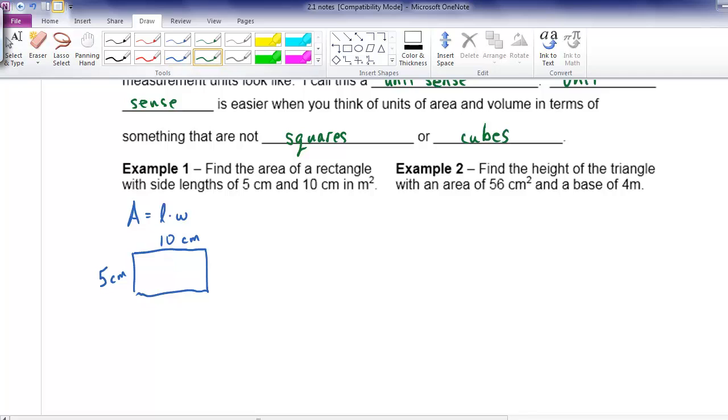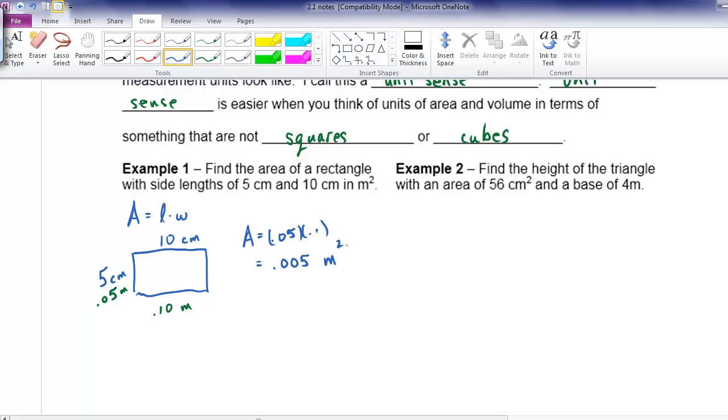So I need to change 5 centimeters into meters. And again, we've just done a unit on that, so I'm not going to spend any more time other than to say, here's what they are. And given we have these dimensions, area is equal to 0.05 meters times 0.1 meter, which is equal to 0.005 square meters.